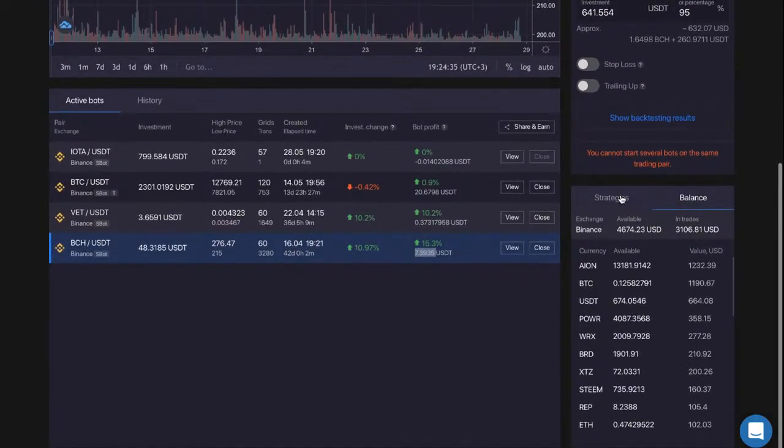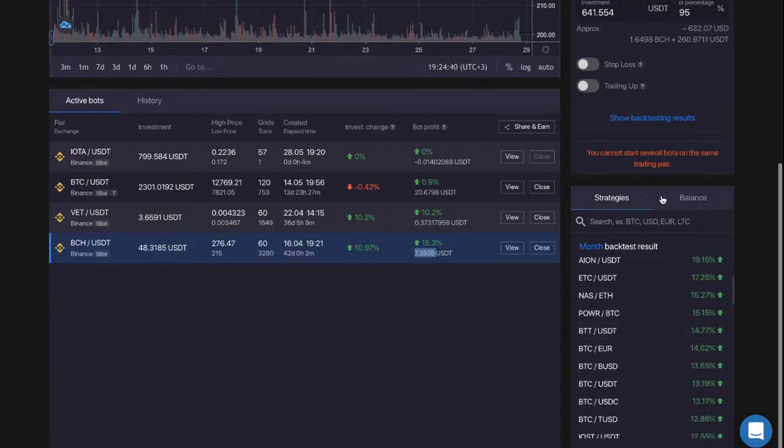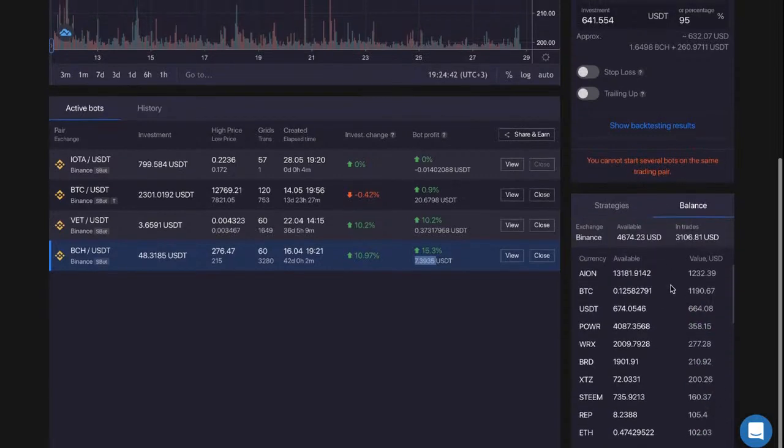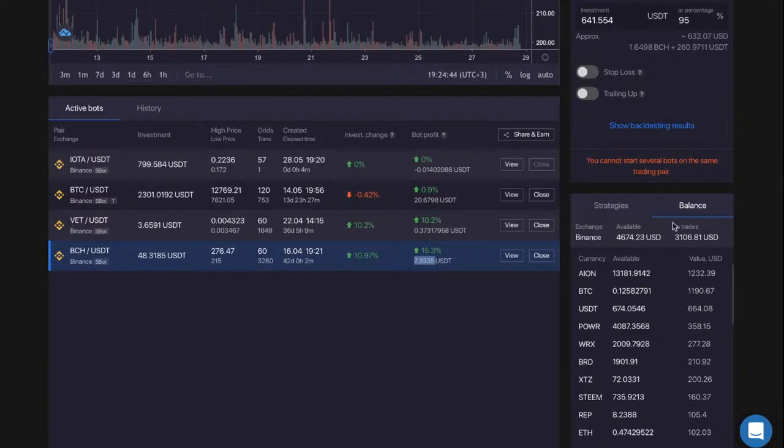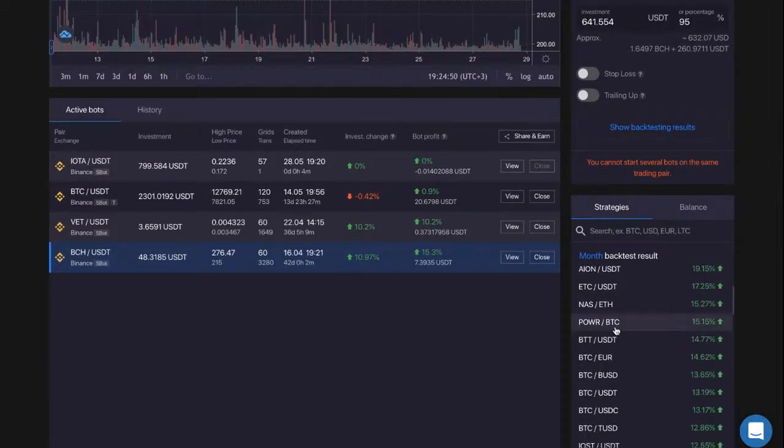Let's use once again strategies on the right side, and this time, let me check what currencies I have on my balance. Well, I have BTC. Okay, so let's look for some strategies that are trading to BTC.